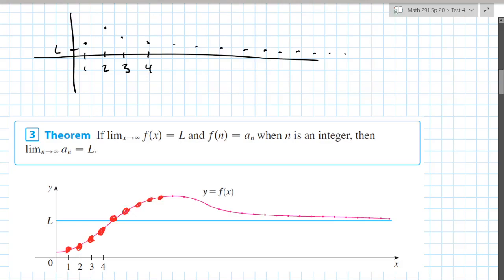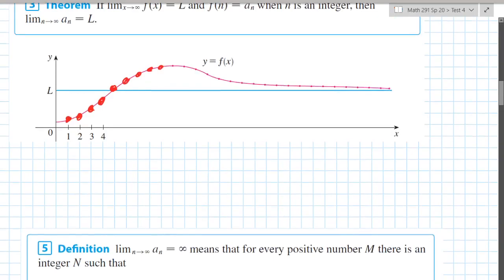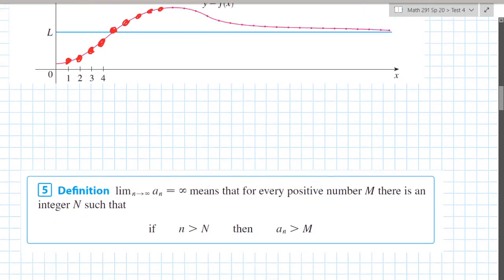So if the function, which passes through all the points of our sequence, has a limit, then the sequence also has a limit. And we have a lot of rules for dealing with limits of functions from Calc 1. Suppose we could do an example. The limit of the sequence 1 over 2 to the n.